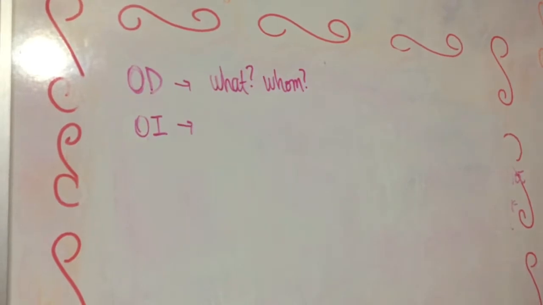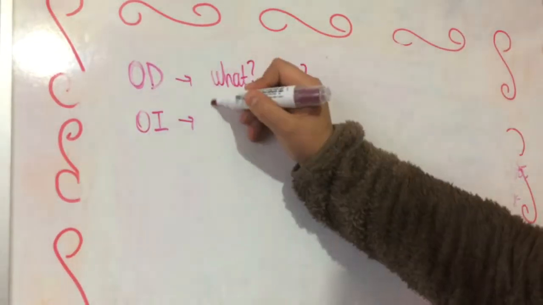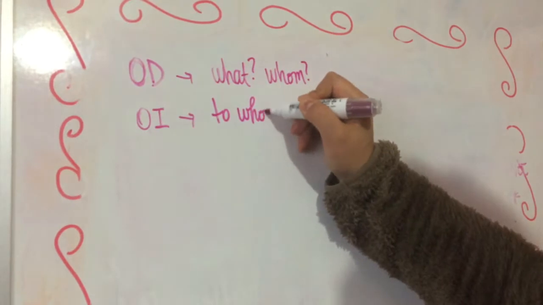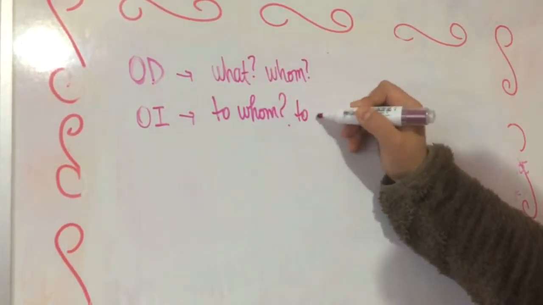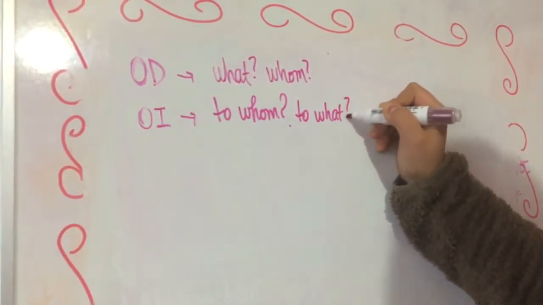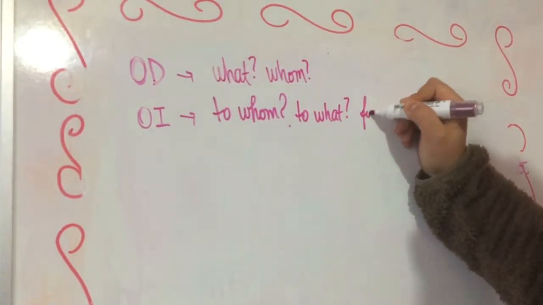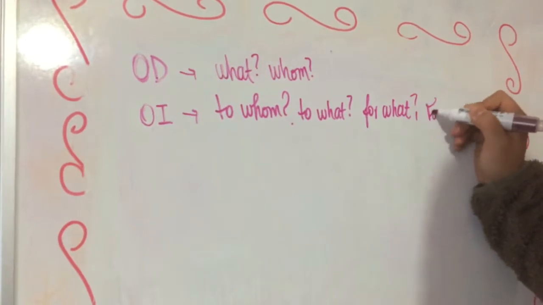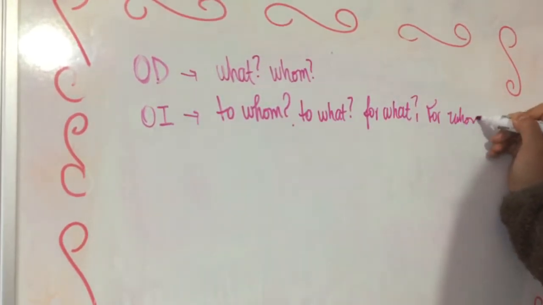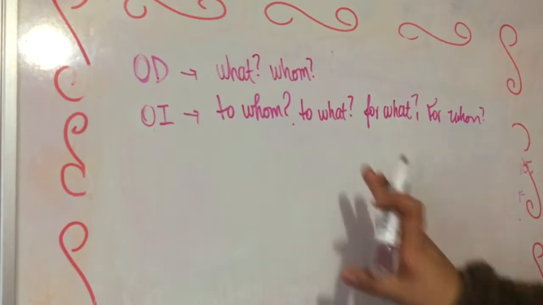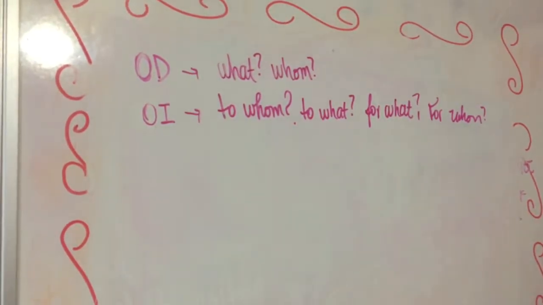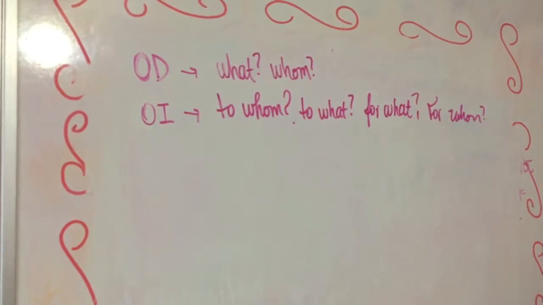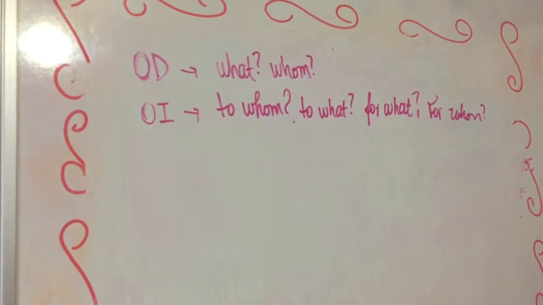The indirect object answers the question to whom, to what, for what, or for whom. We have to say that both of them are parts of the sentence. They say something about someone or something, and those complete the verb.